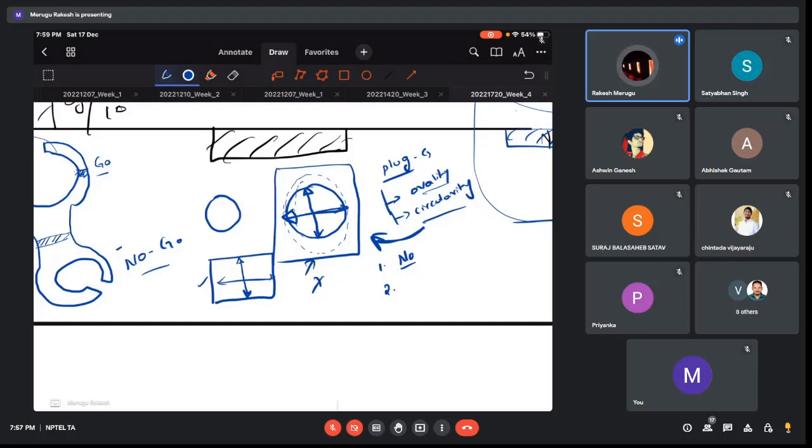Suppose this is my acceptable dimension L, and this is some L prime. L prime is less than L, but still I will accept if I'm not rotating the plug gauge while inspecting. I have to check both the directions, and if it is fine, then only I will accept. So generally, if there is any question, you have to say no unless they provide additional things like checking in two directions.